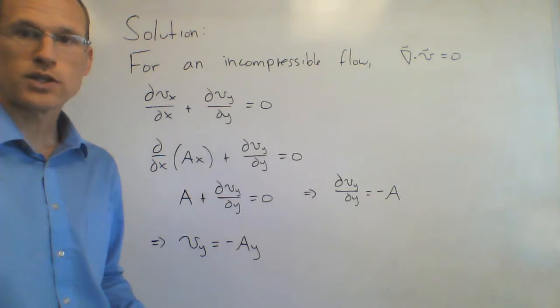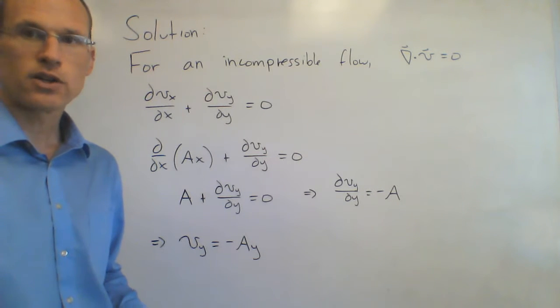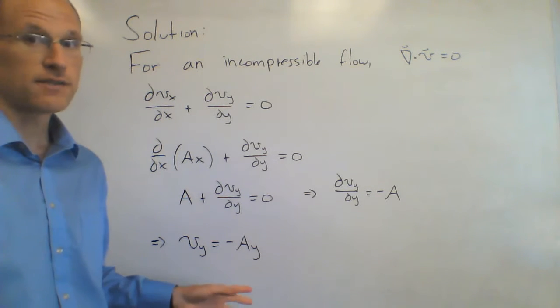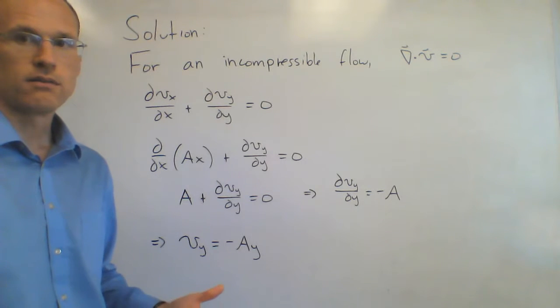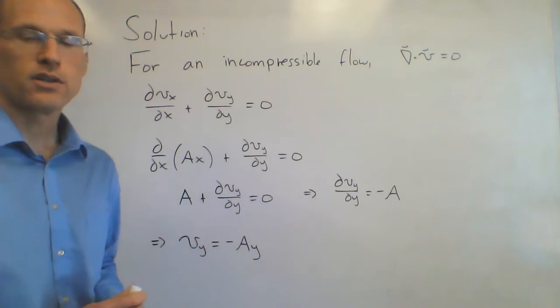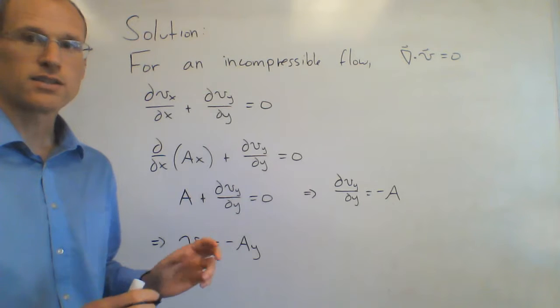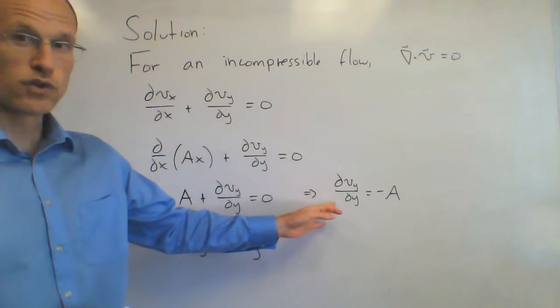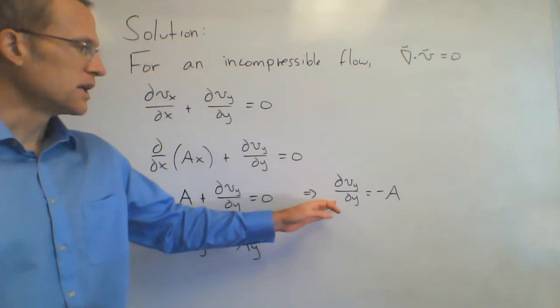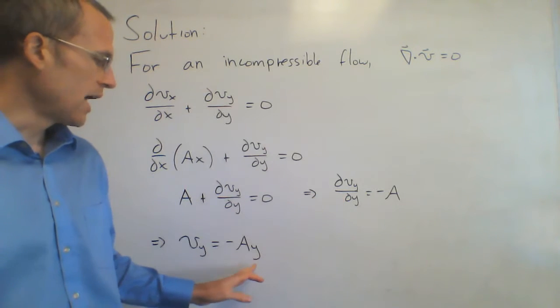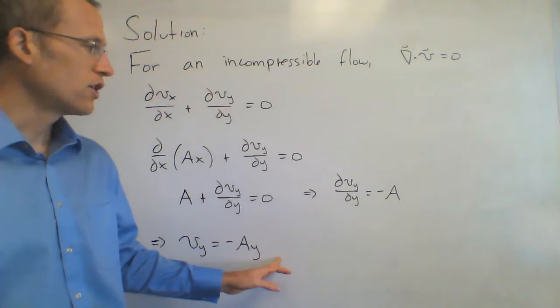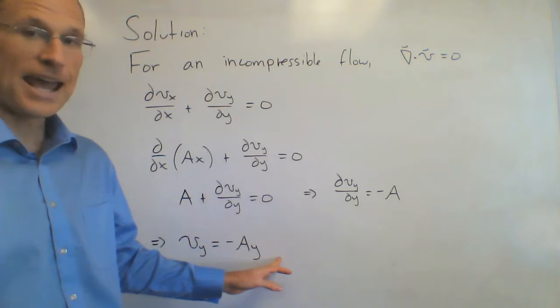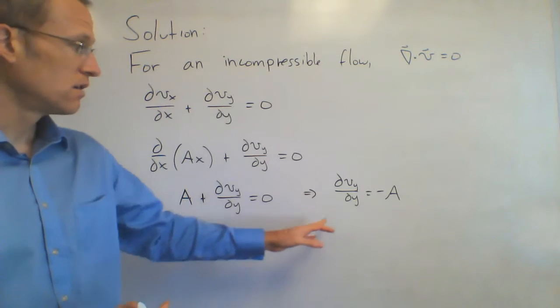Now to answer the second question of how many possibilities there are: when I did this integration, I left something out, namely the constant of integration. It's not really a constant, because this isn't a full derivative, it's a partial derivative, which means that when I integrate, I don't necessarily just get a constant. I could have a function of x, because a function of x goes away with a y derivative.